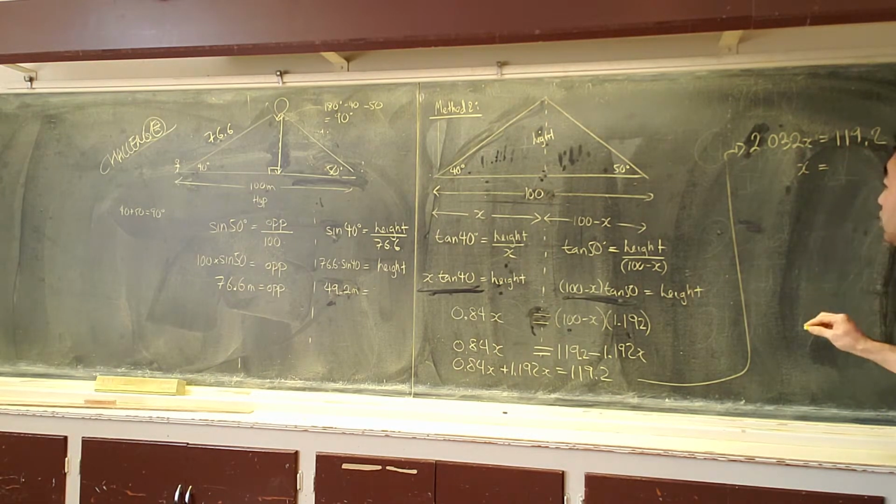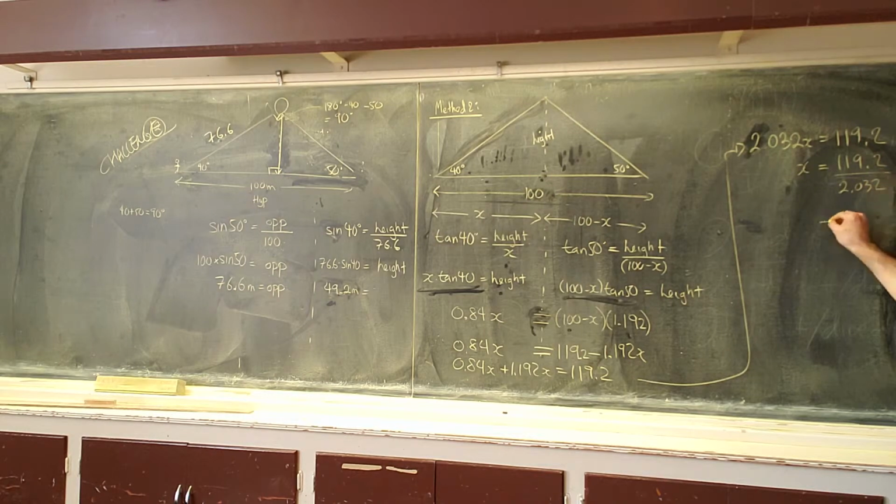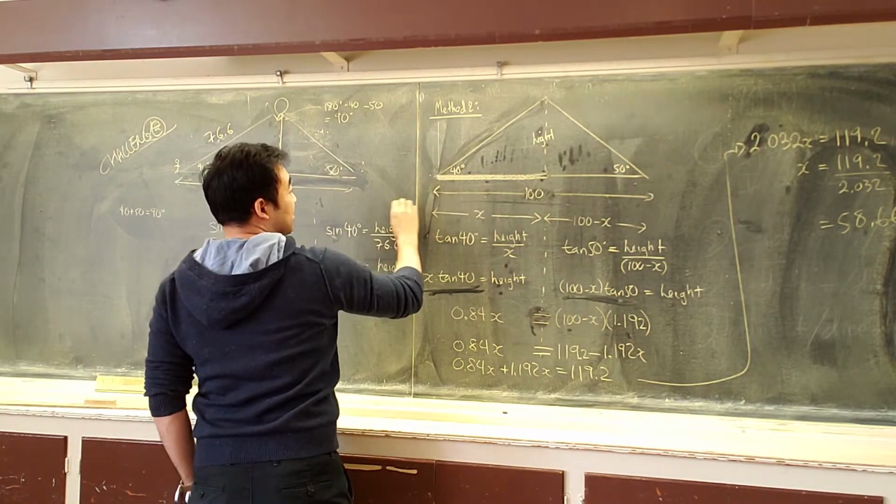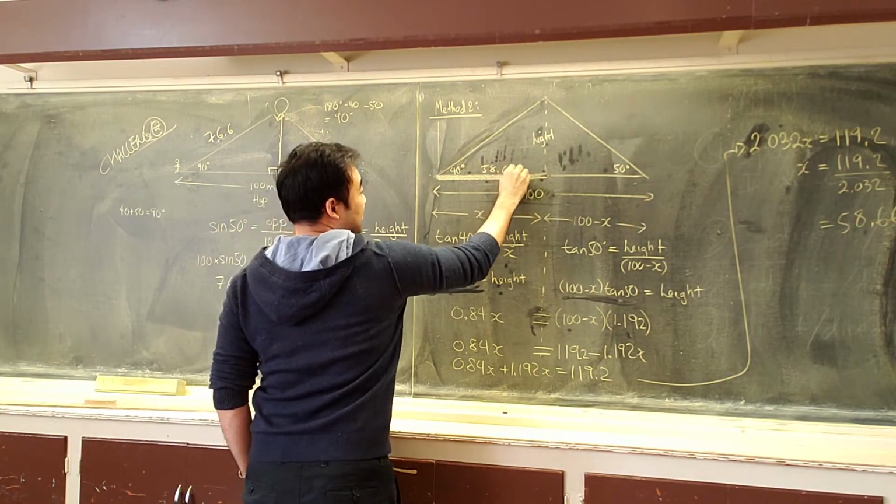So x is going to be 119.2 divided by 2.032. That is equal to 58.66. Update that picture. This side is 58.66.